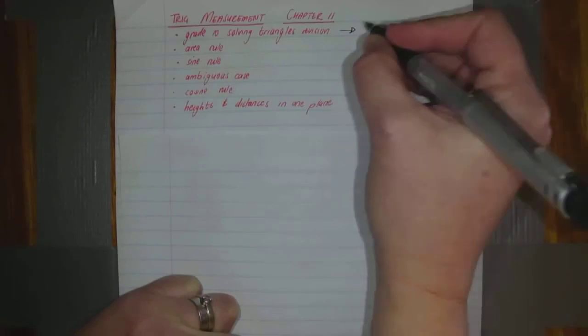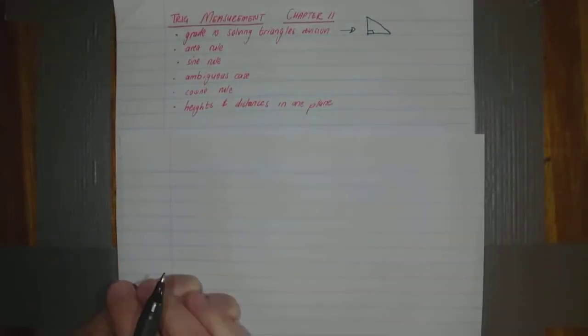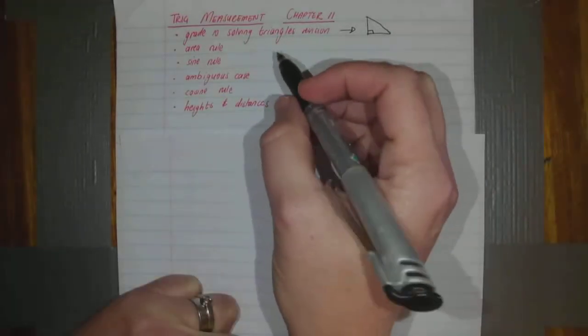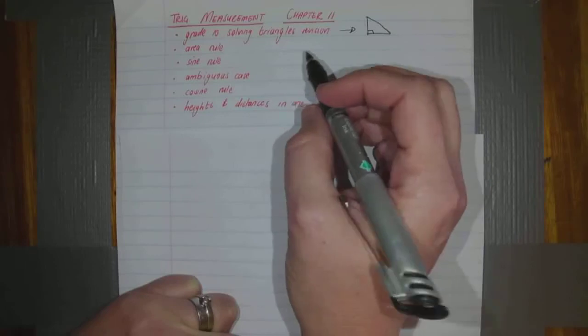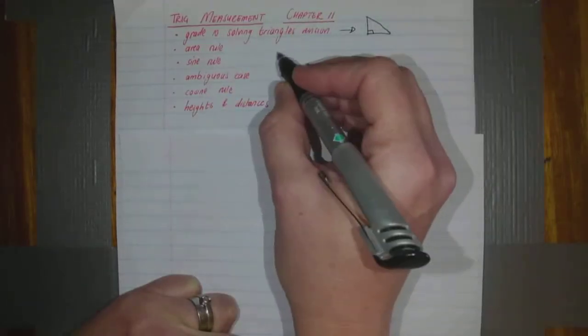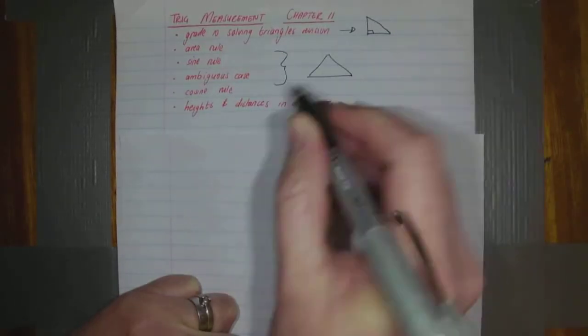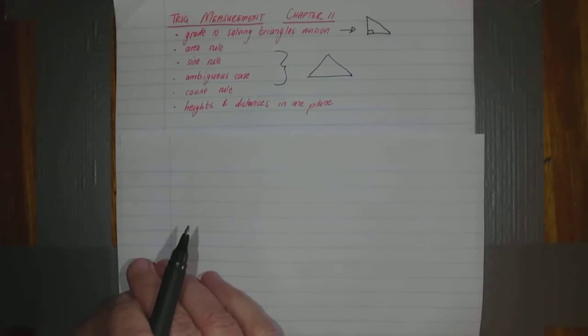So what is the big difference? In grade 10, you only worked in triangles that were right-angled triangles. Okay? The area rule, the sine rule, and the cosine rule are based on triangles that will not be right-angled triangles, and you will have to determine angle sizes and side lengths in all of them.